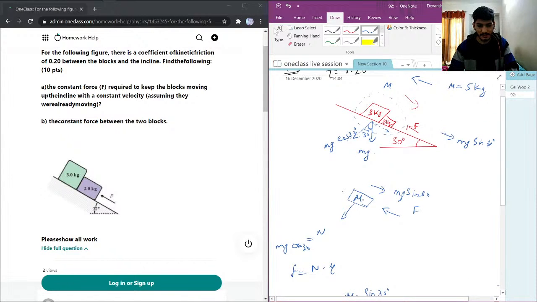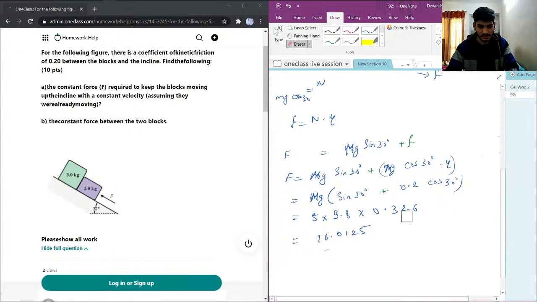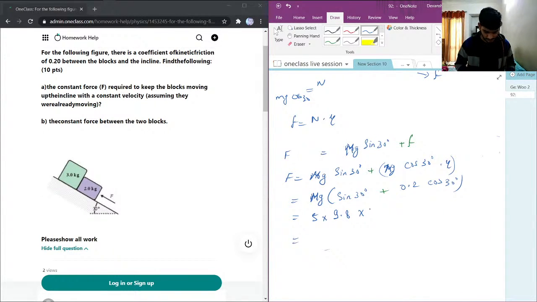If they are moving in upward direction, then friction will always be in this direction, therefore it will be minus, and hence it will be 0.673 multiplied by 9.8, and now it will be 32 point.